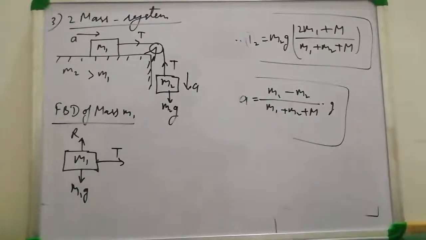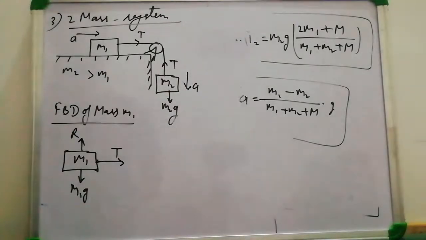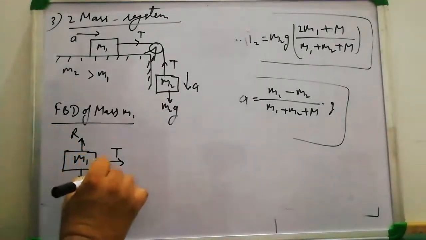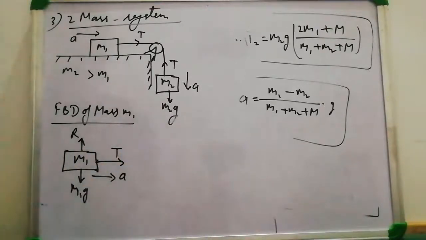Its weight m1g will be acting vertically downward, but by Newton's third law, a normal reaction force R will be acting vertically upward, and the whole body will be moving from left to right with an acceleration of a.